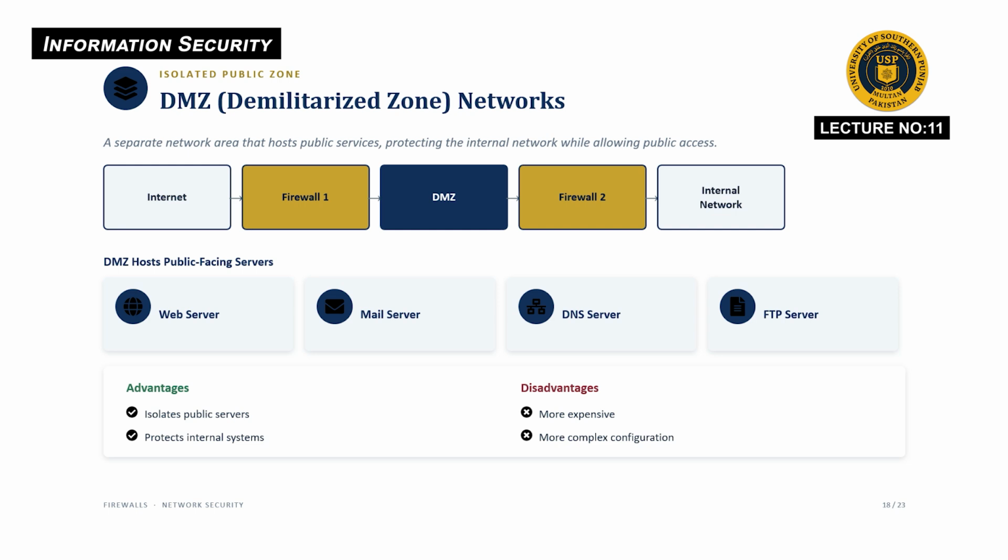DMZ network. A DMZ network is a separate network area used for public services such as web server, mail server, and DNS server. It protects the internal network by isolating public-facing systems.